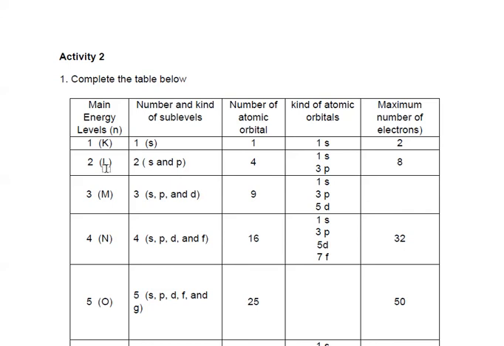So let's continue. On the main energy level L, this is number 2, or the second energy level, and you have sublevels S and P. Alright? That's a given. Next, what is the number of atomic orbitals that can be found here? Since there are two sublevels, what could it be? It would mean 2 times 2 is equal to 4. That's correct.